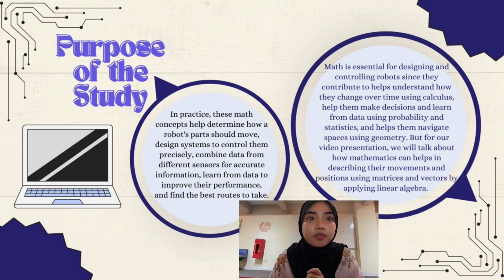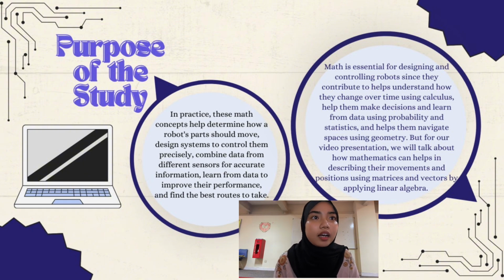We continue to the second purpose of this case study. Math is essential for designing and controlling robots since it helps understand how they change over time using calculus, and helps them make decisions and learn from data using probability and statistics.